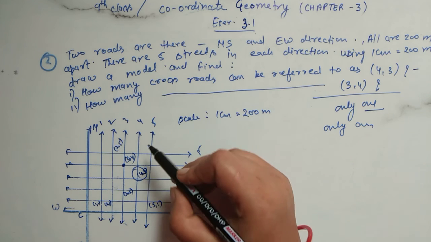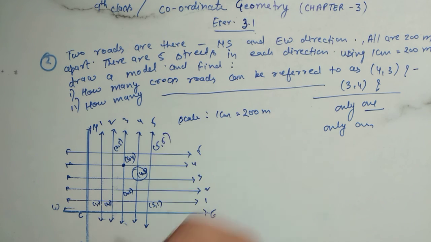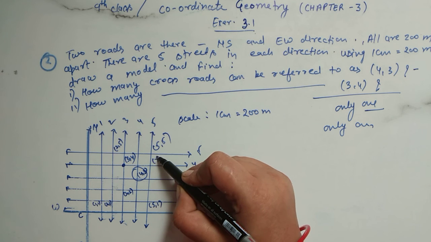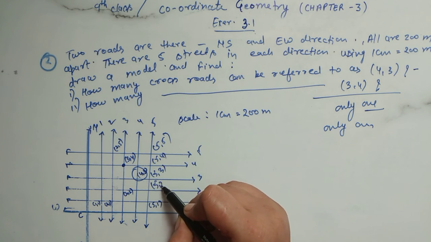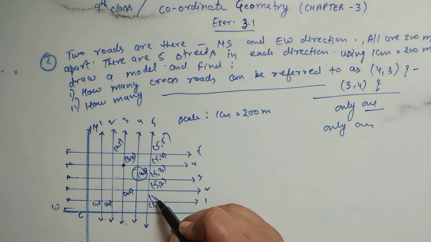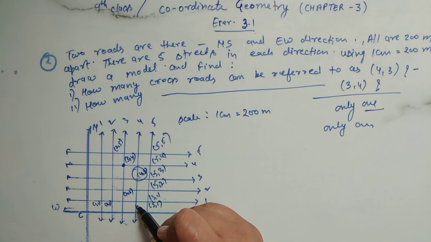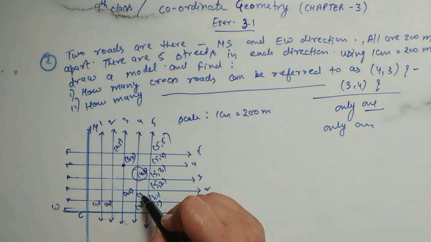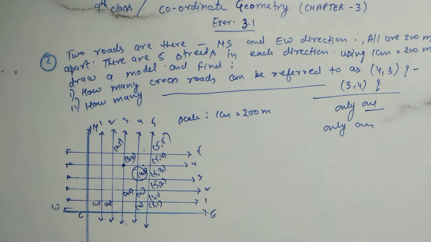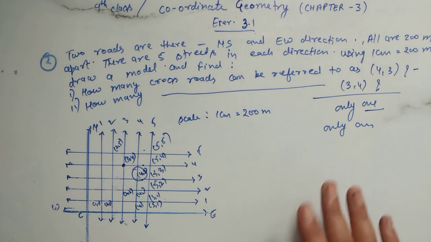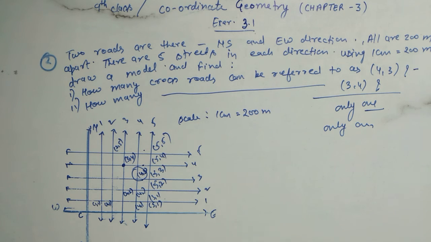If you want to represent it, it is 5 and 5, 5 and 4, 5 and 3, 5 and 2, 5 and 1, as I have shown here. Same for 4 and 1, 4 and 2, 4 and 3, 4 and 4, and 4 and 5. This is the way we will represent all these numbers on our model.